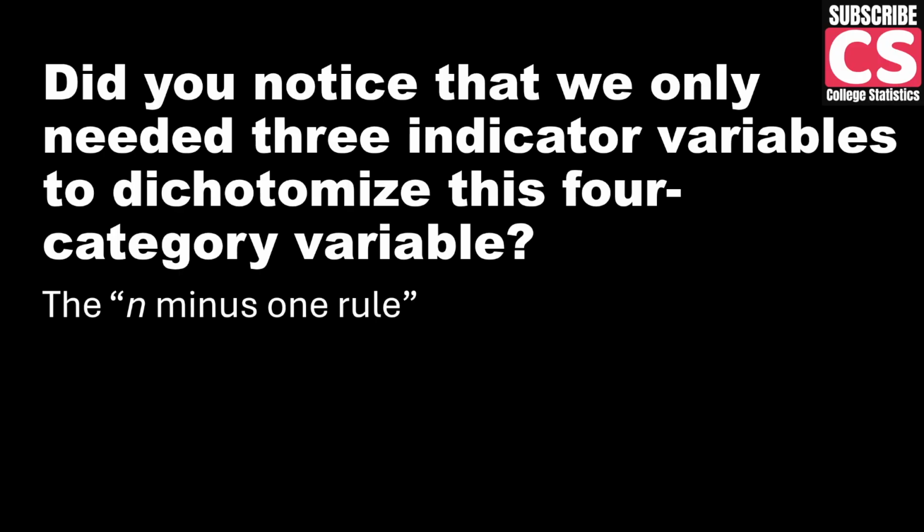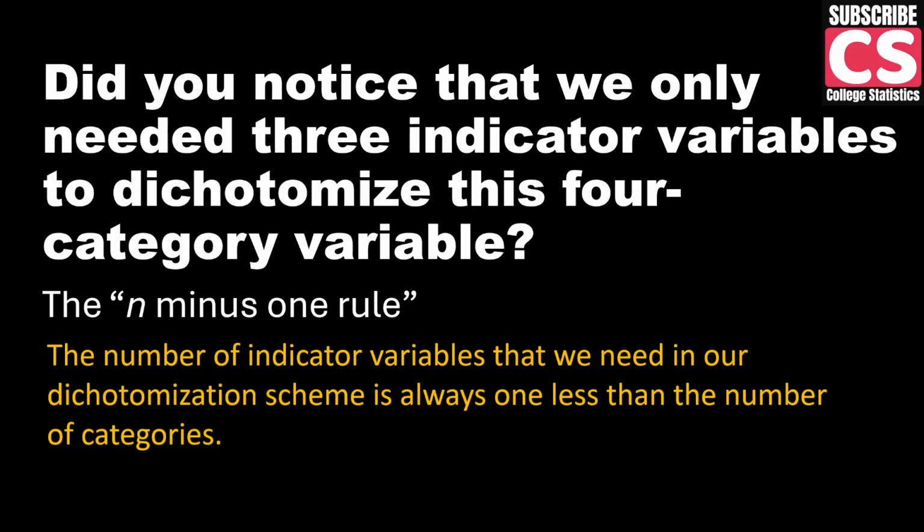This is sometimes called the N-1 rule. The number of indicator variables that we need in our dichotomization scheme is always 1 less than the number of categories.